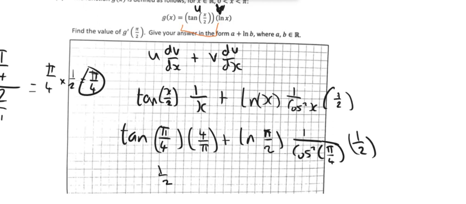Now we end up getting a half here, 4 over pi plus, and then so you need a calculator, obviously, for 1 over cos squared pi over 4, and so we end up getting ln pi over 2, that's just there as normal. A half is still there.